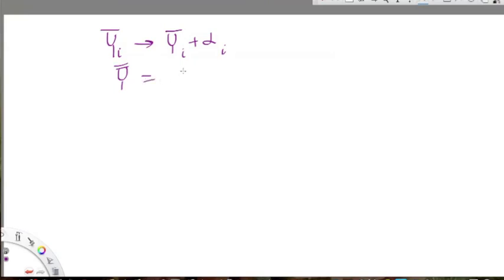It's going to be the summation i from 1 to a of y bar i plus alpha i. All right. And we're going to divide by a, right? For that's the grand mean of means.